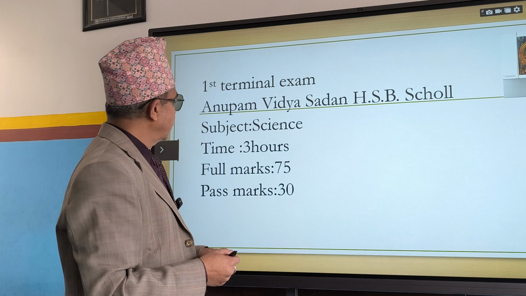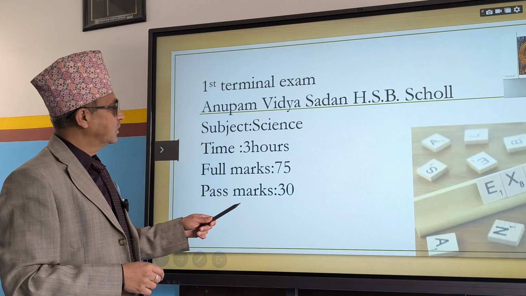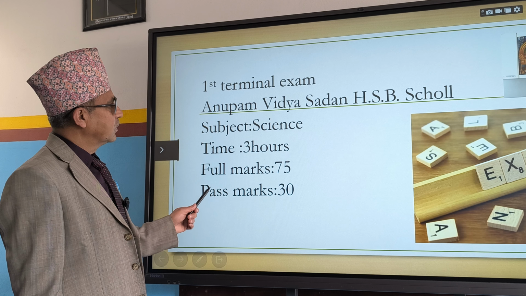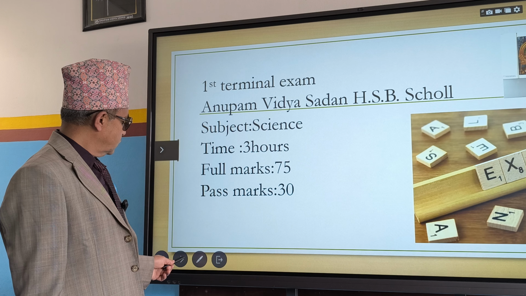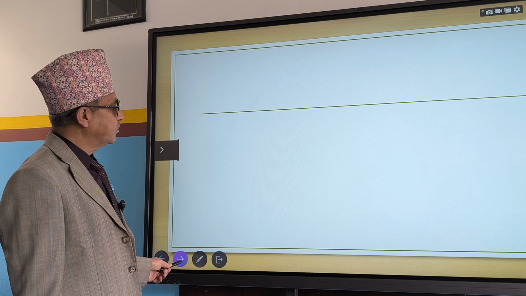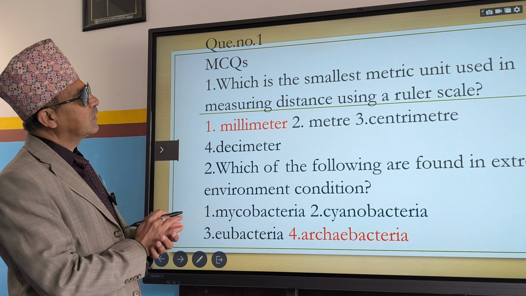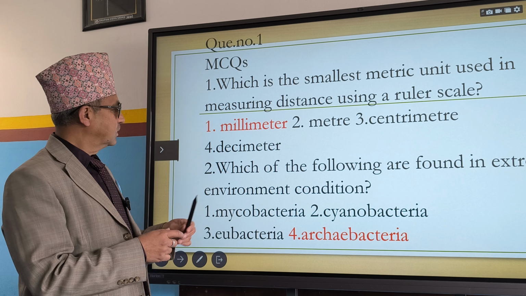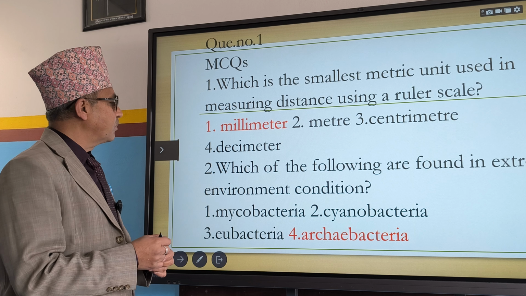Oh, these are the exam questions. Full marks 75, pass mark 30. Good. Now let's check it out. Smart students, they are very much smart. Then prepare the question. Okay. Which is the smallest metric unit used in measuring? Millimeter is given already. Which of the following are found in extreme environment condition?